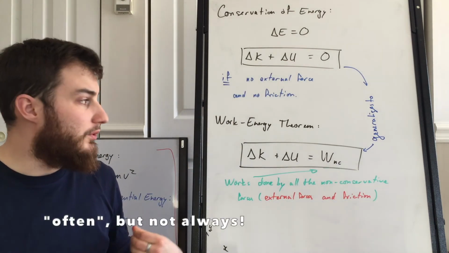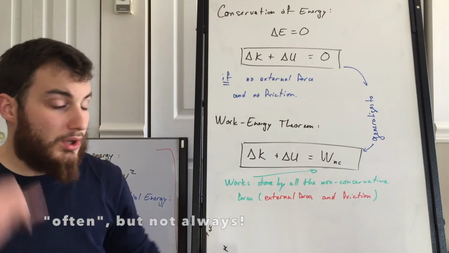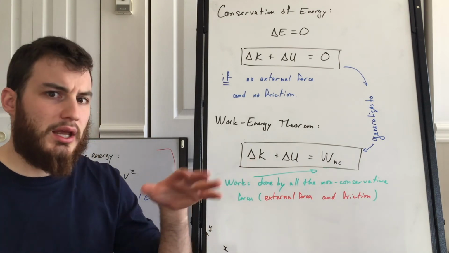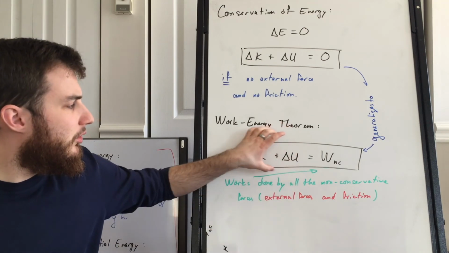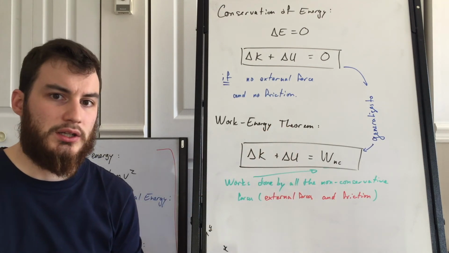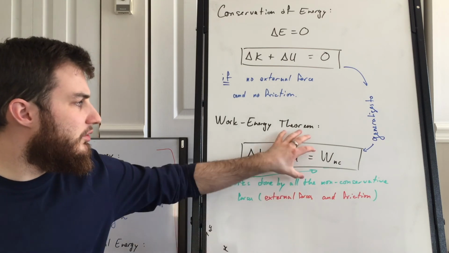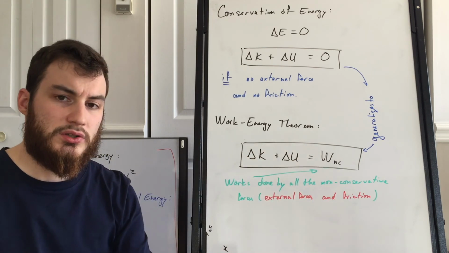Often in problems, if you have friction or an external force, the problem will state that you start and end at the same speed, so you can remove the change in kinetic energy. Or the problem will state that you stay at the same height, so you can remove the gravitational potential energy.